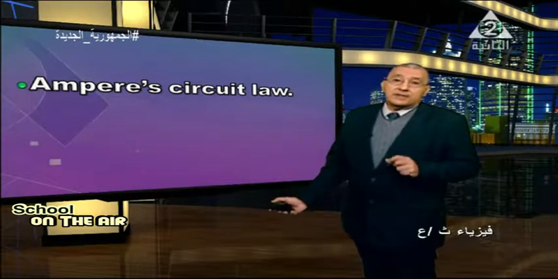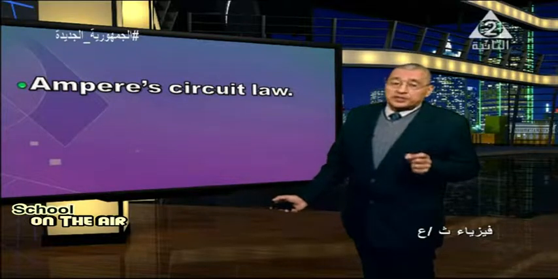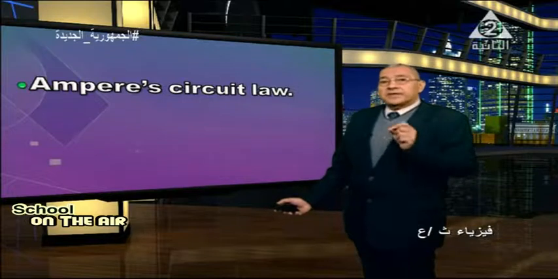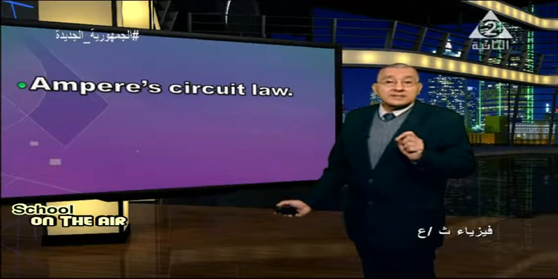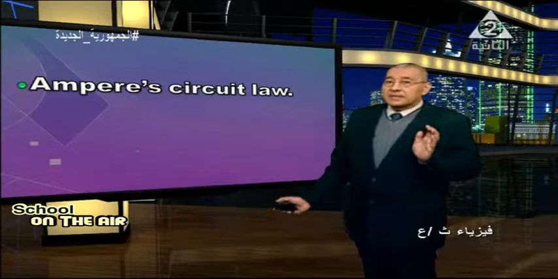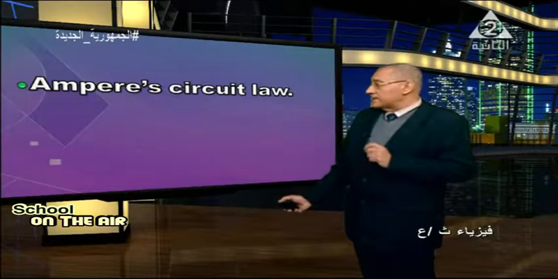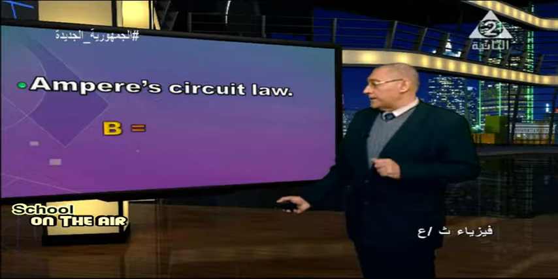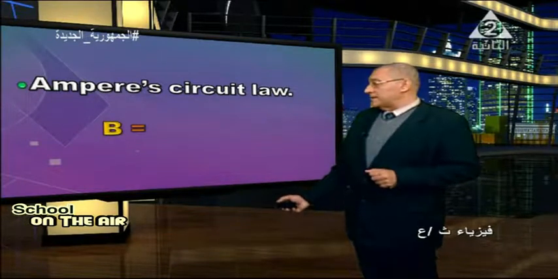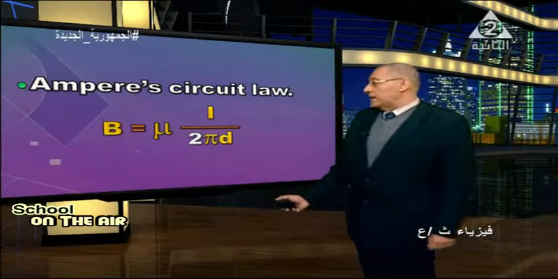You know it? It is the law which determines the magnetic flux density at a point of normal distance d from a current carrying straight wire. We call it Ampere's circuit law. Can you remember? So magnetic flux density equals mu, which is permeability, I over 2 pi d.